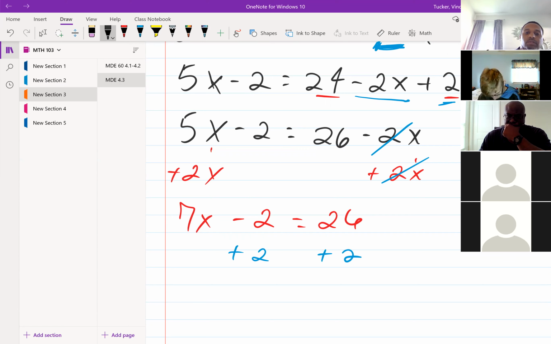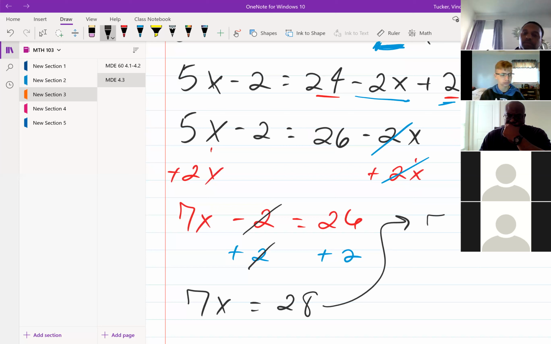Add 2. 7x equal to 28. Then finish it off by dividing by 7.